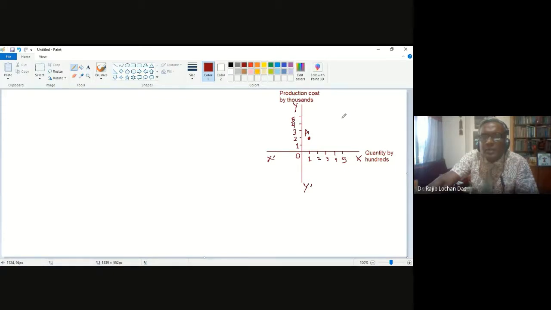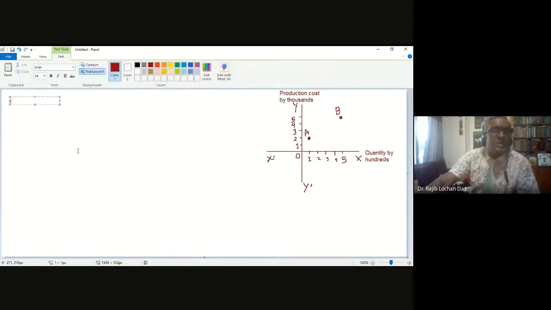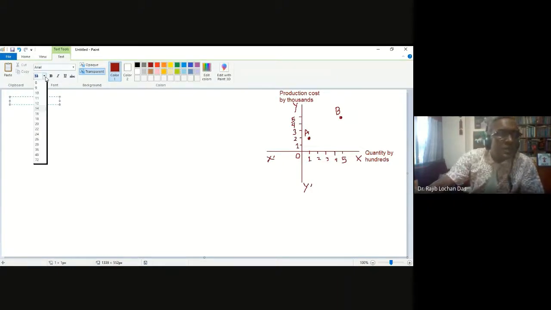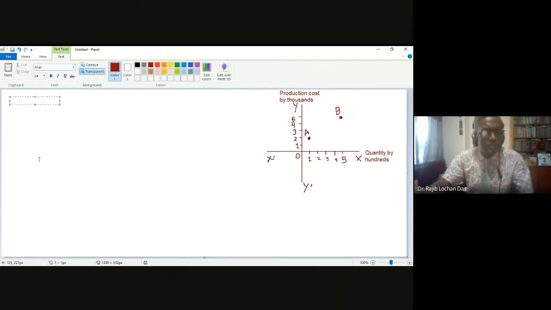So this is the point for B. Now this figure is given, and I am giving you some questions on the left side.